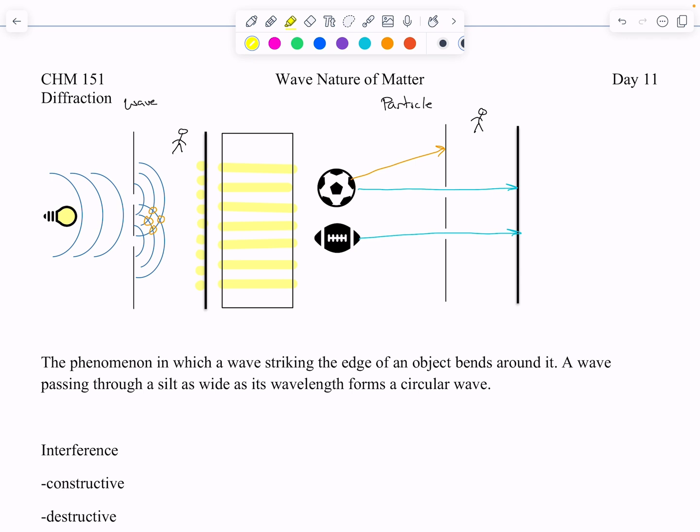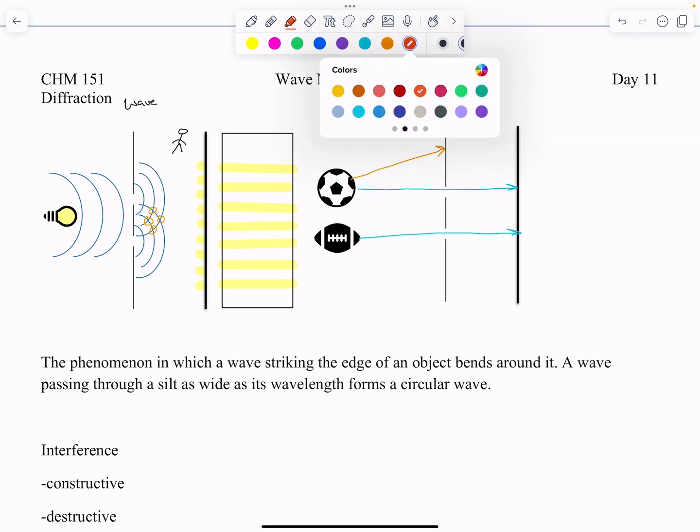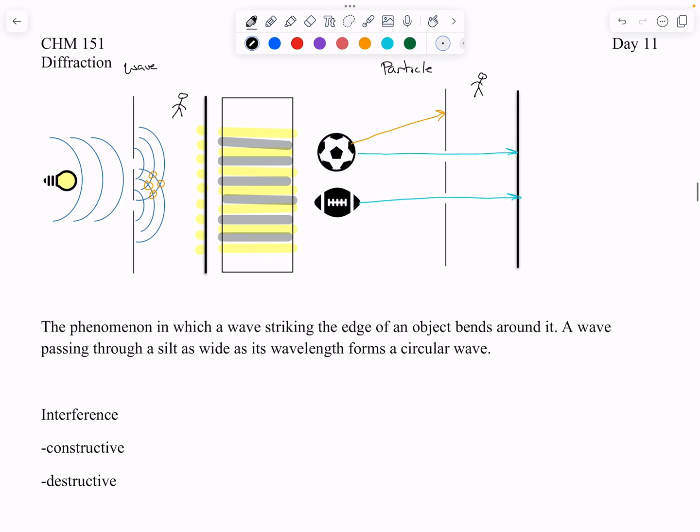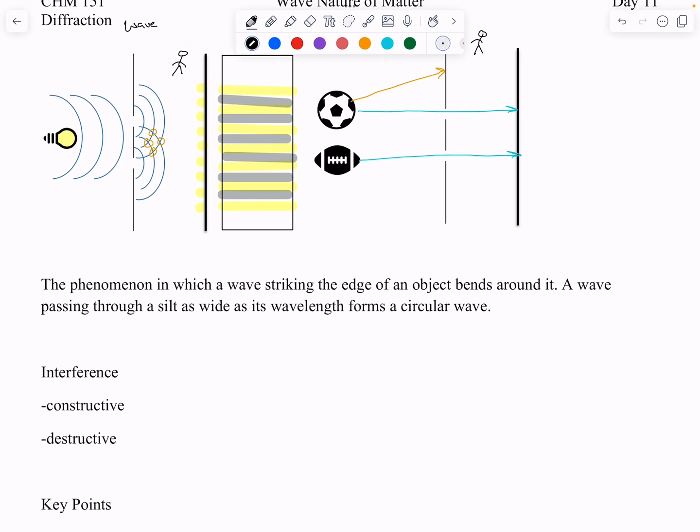I think I can do dark. Can I do black? I can. You'd have dark spots in between. All right, so it goes from light to dark, light to dark. And what that diffraction pattern does, right? You've got constructive and destructive interference.